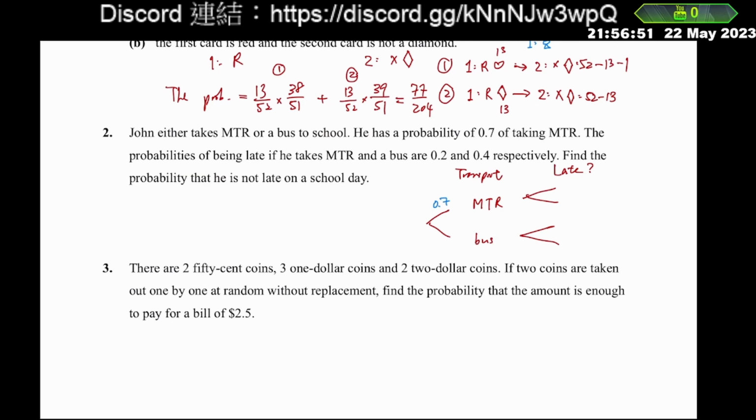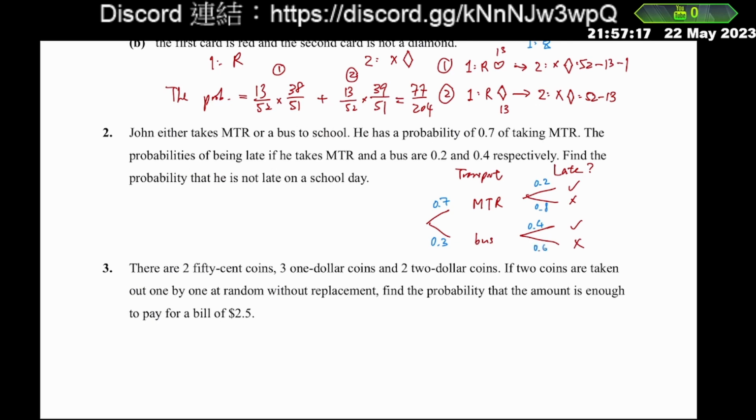And for the bus, we put the remaining 0.3. Then the probability of late for the MTR will be 0.2, while the probability of late for the bus will be 0.4. And therefore the remaining are 0.8 and 0.6.